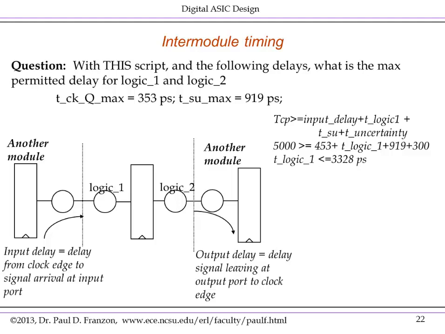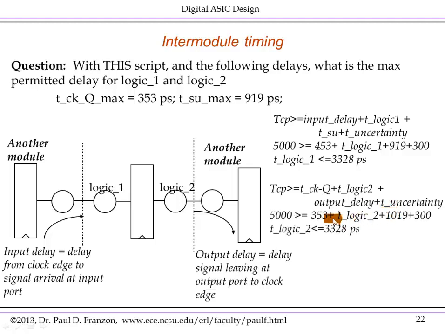I can set up a similar equation for T logic 2. That is, the clock period must be greater than T clock to Q plus T logic 2 plus the output delay, which includes any setup time. It calculates the entire delay here, plus the clock skew or uncertainty.